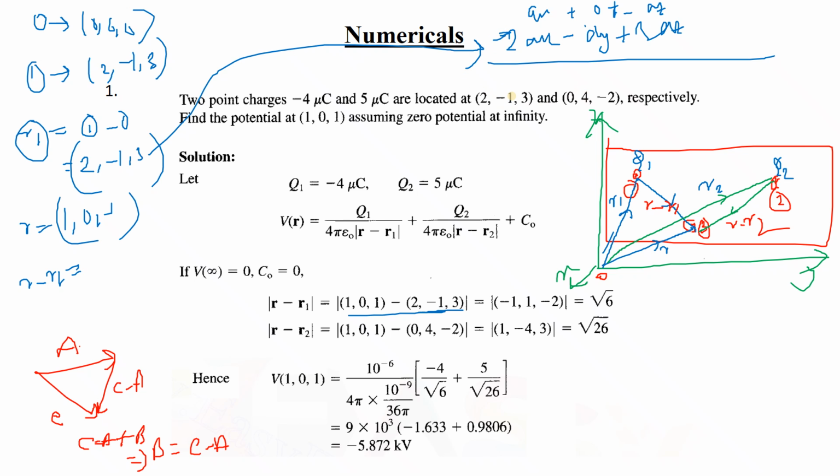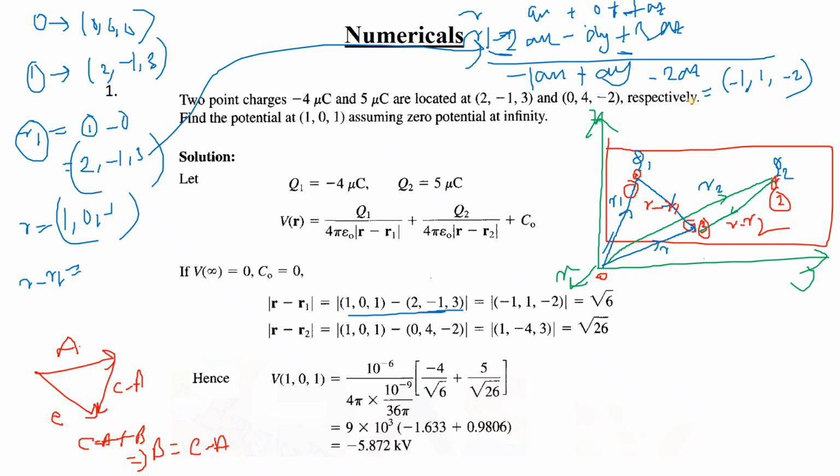If you subtract them, what are you getting? Oh sorry, not minus, this is plus. So subtracting, you are getting minus 1 unit vector x. This is r, this is r1, subtracting. And for unit vector y, minus minus becomes plus, and this becomes minus, so minus 2 unit vector z.